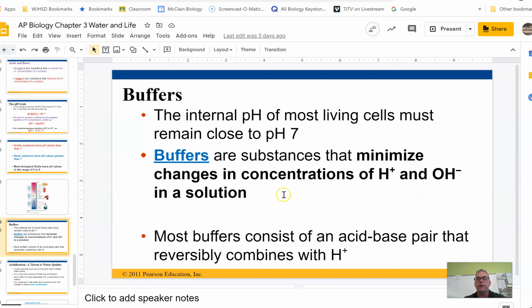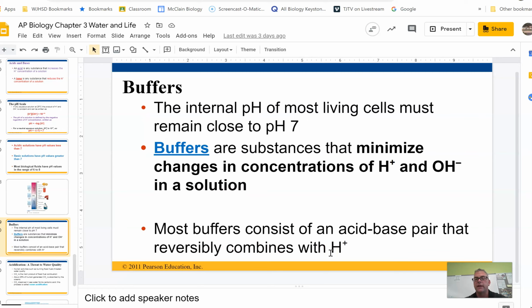A buffer is something that minimizes the changes of these concentrations. They are typically what's called a conjugate acid-base pair. So it'll reversibly provide hydrogens or help remove the hydrogens out of the system. For example, in our blood, if we're trying to maintain a blood pH without too much fluctuation, there are critical buffers that are going to serve that role.